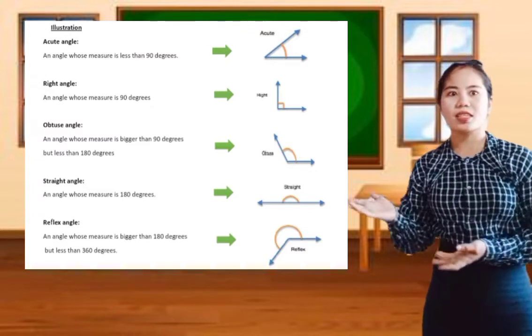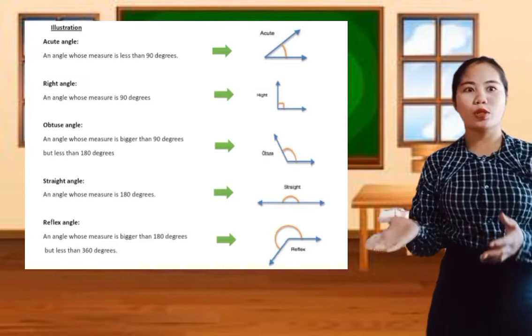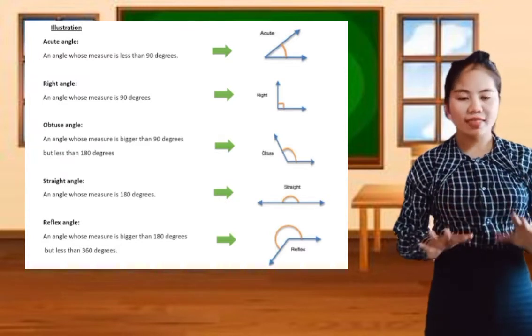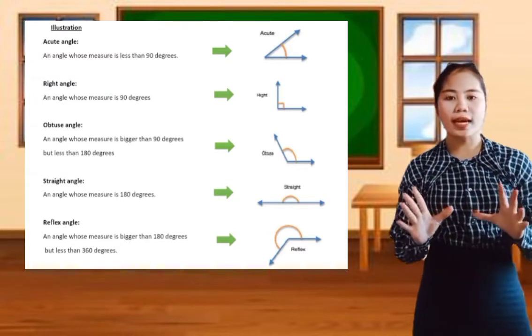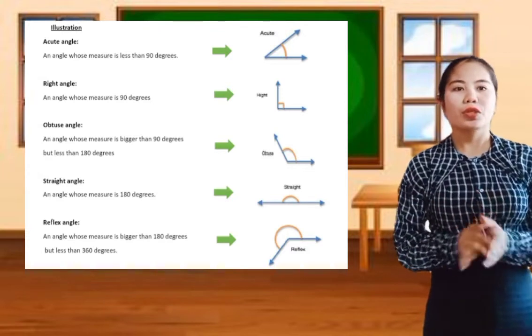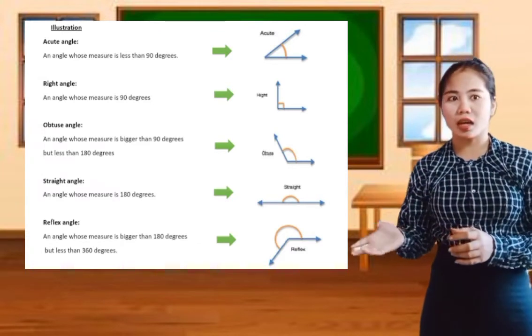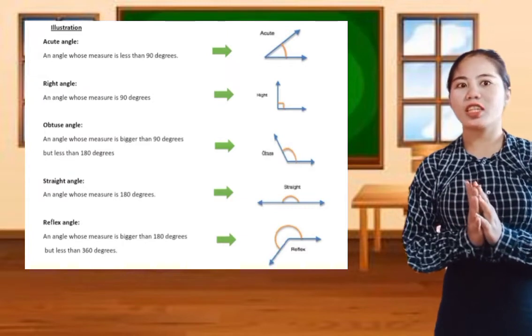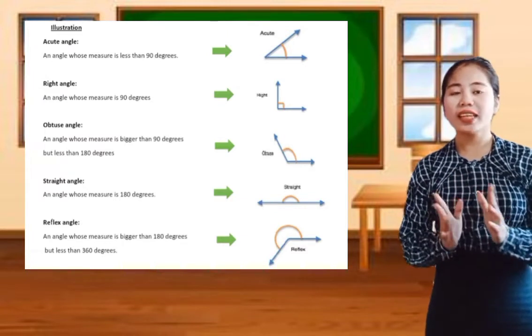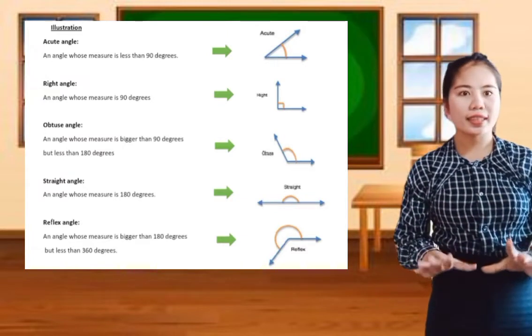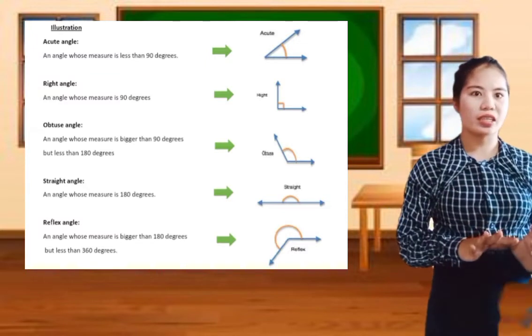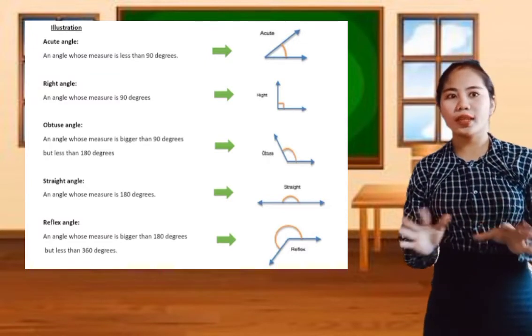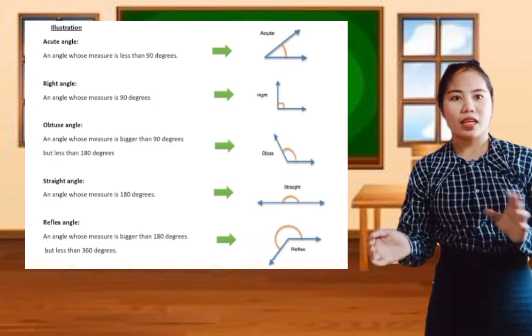Next is the right angle, whose measure is exactly 90 degrees. Third is the obtuse angle, with a measurement bigger than 90 degrees but less than 180 degrees. So, between 90 and 180.